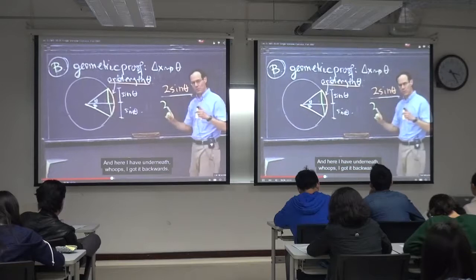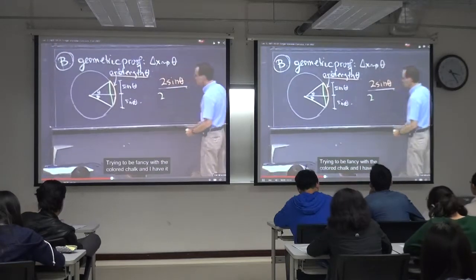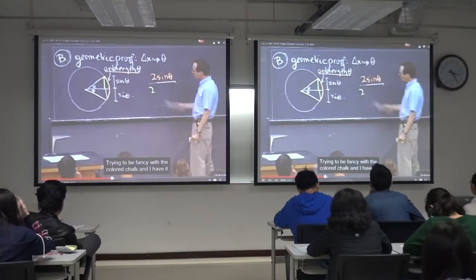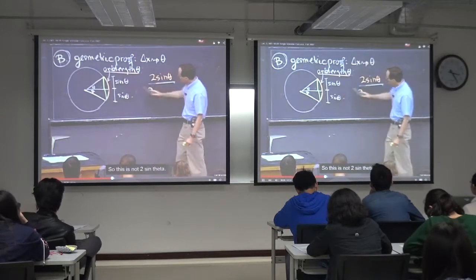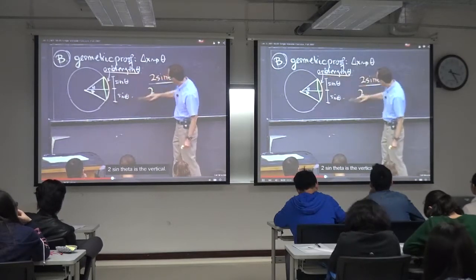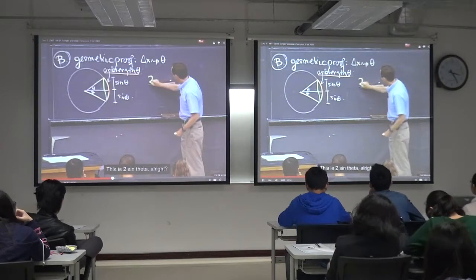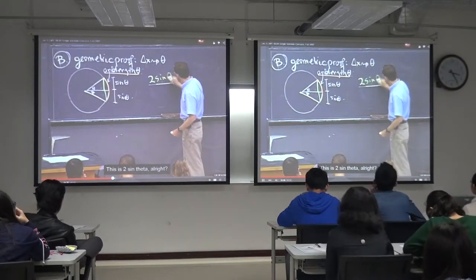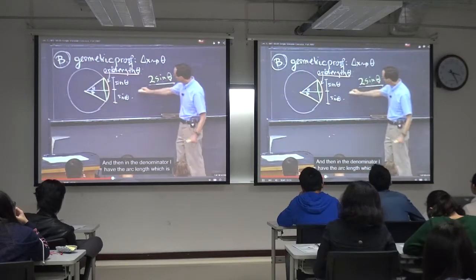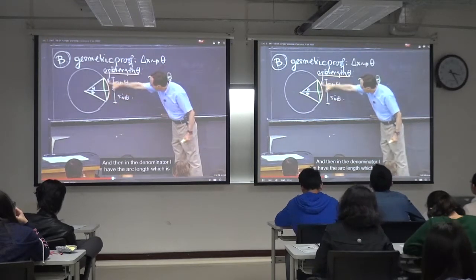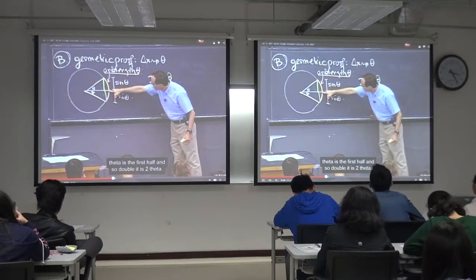I got it backwards. Sorry about that. Trying to be fancy with the colored chalk, and I have it reversed here. So this is not 2 sine theta. 2 sine theta is the vertical, that's the green. So let's try that again. This is 2 sine theta. And then in the denominator, I have the arc length, which is theta for the first half.